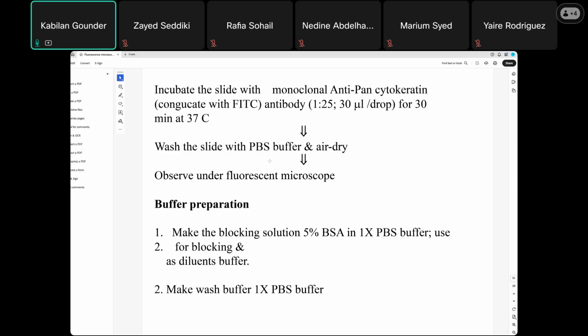Now you're ready for observation under the fluorescence microscope after air drying. When you look under fluorescence microscopy, you can see the buccal epithelial cells fluorescent, because the anti-keratin protein is ubiquitously expressed in cells, so you can visualize it. That is the basic method we can use.